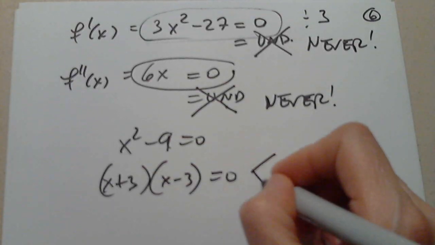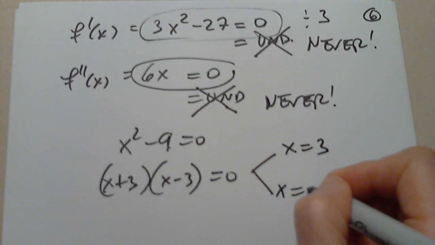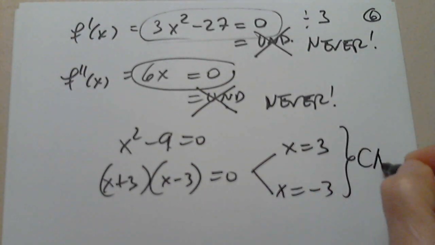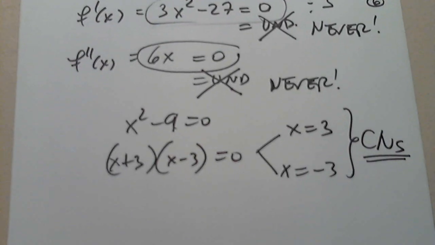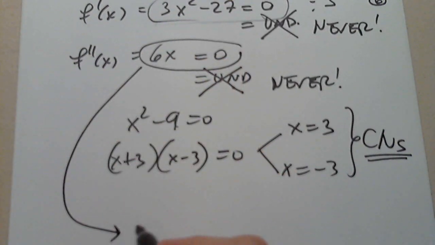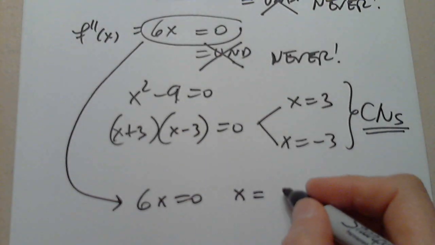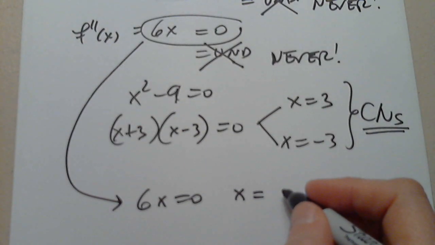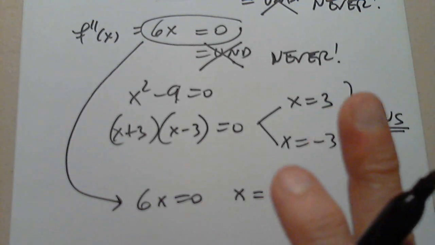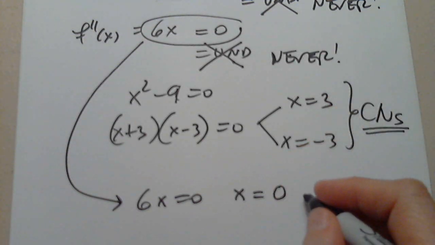Excellent. So then we have two options, x equals 3 and x equals negative 3. These are critical numbers. And from here, 6x equals 0 means x equals 0. Perfect. This is a potential inflection point.